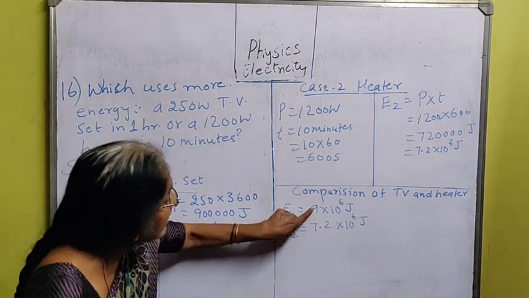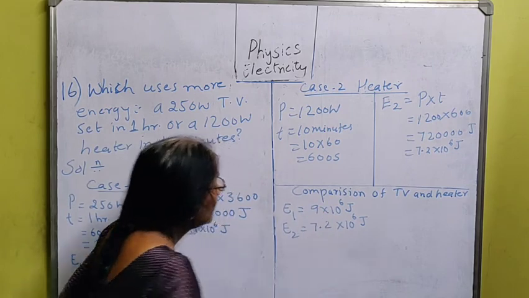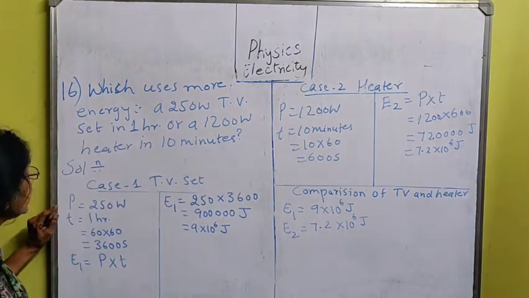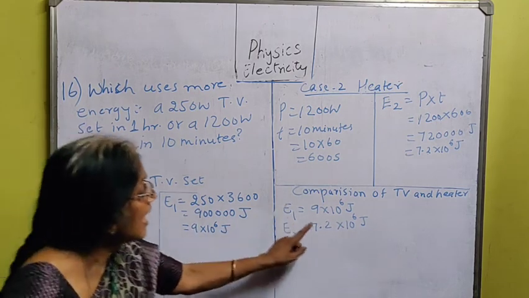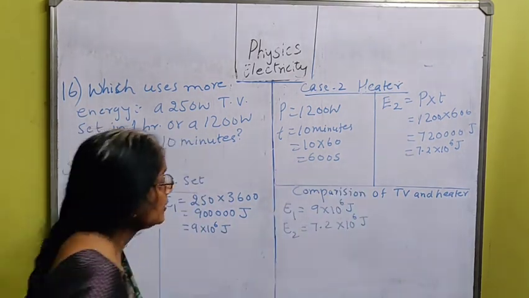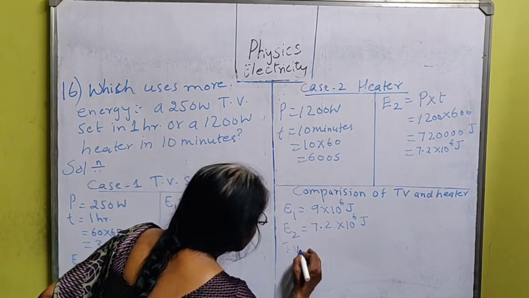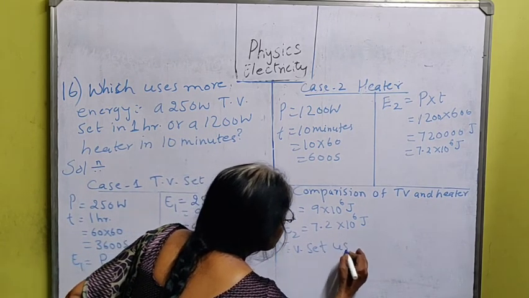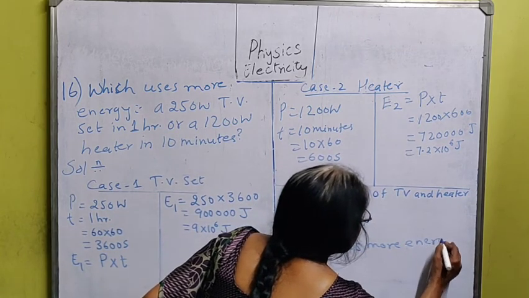So this is 9 and this is 7.2. So which uses the more energy? The energy by TV set is used more because it is 9 into 10 to the power of 6 joules. So comparing the values, we can say TV set uses more energy.